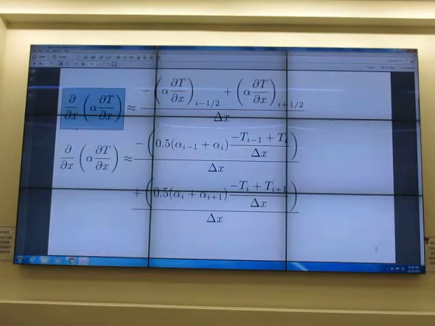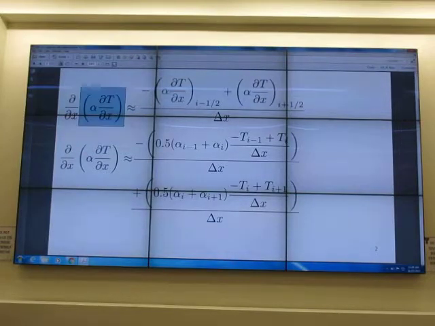How do we discretize this? I use the central scheme twice. I do the discretization for the outside d by dx first, thinking of the inner term as just parentheses.